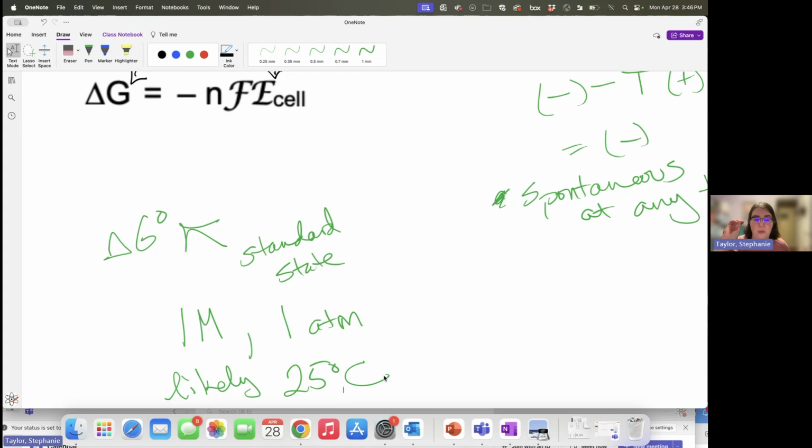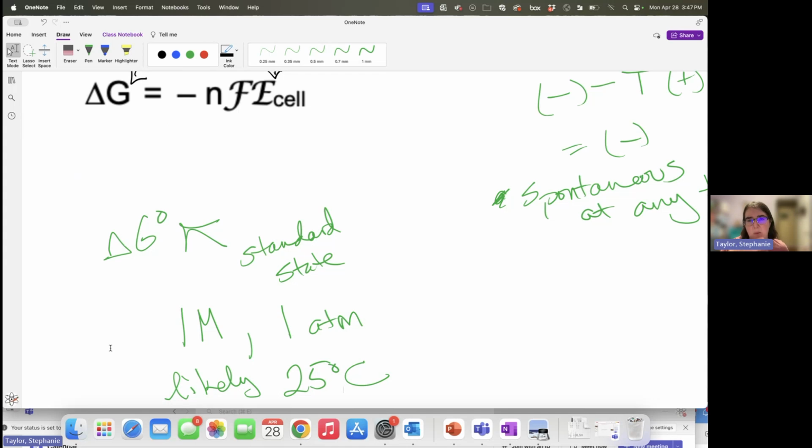So all the little circle means is that you know what the concentrations are. It is what happens at standard states, instead of what happens at 0.5 molar or under physiological conditions. Only 1 molar, 1 atmosphere is what the standard state means. So it's a very specific set of conditions.